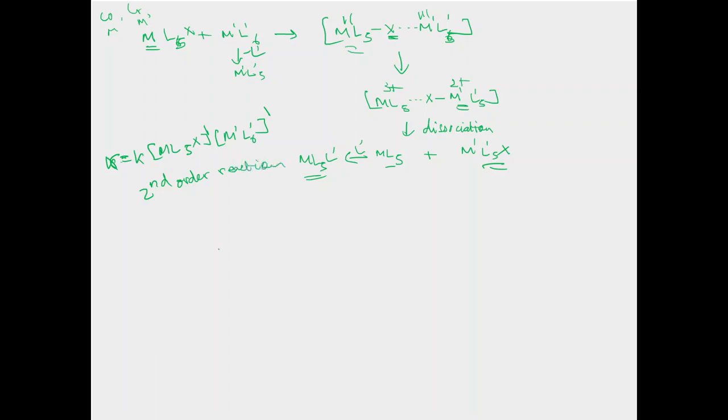Whereas in the outer sphere mechanism, we have ML6 and M'L'6. Here we also get the same products after the reaction, but the bridging ligand is not present.